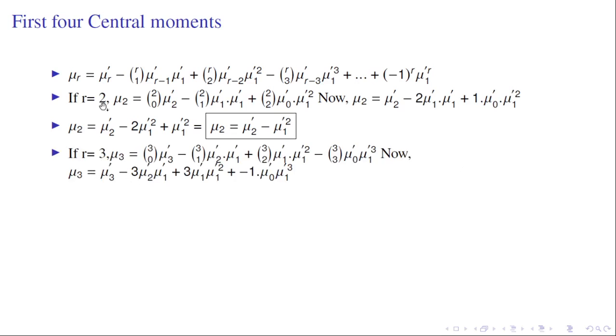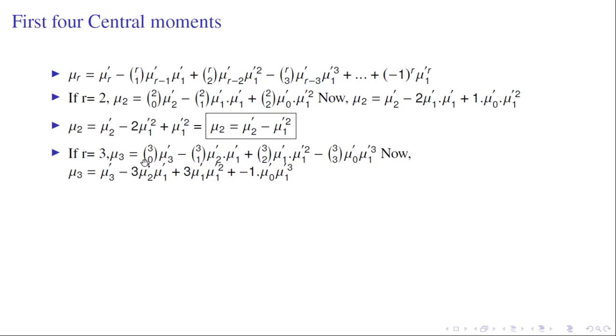Similarly, substituting r is equal to 3 in the equation, mu 3 is equal to 3c0 mu 3 dash, minus 3c1 mu 3 minus 1 dash, that is mu 2 dash mu 1 dash, plus 3c2 mu 3 minus 2 dash, that is mu 1 dash, and mu 1 dash whole square, minus 3c3 mu 3 minus 3 dash, mu 0 dash, mu 1 dash whole cube.